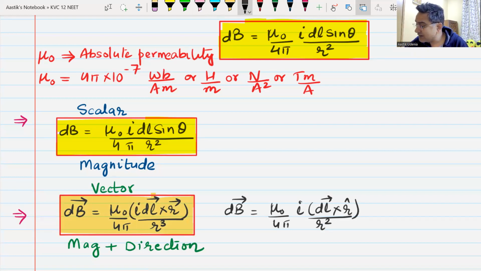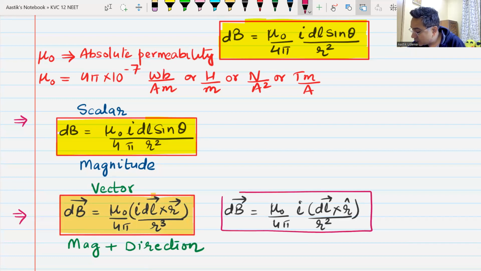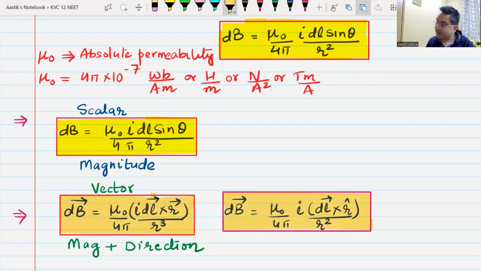Whether you write it in the first way or the second way, the meaning remains the same. This is the vector equation which gives us both the magnitude as well as the direction of magnetic field.